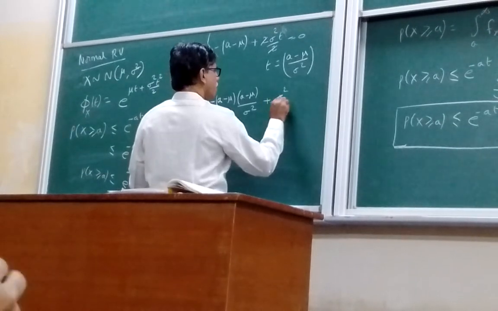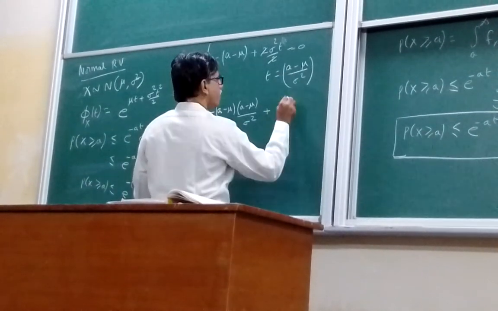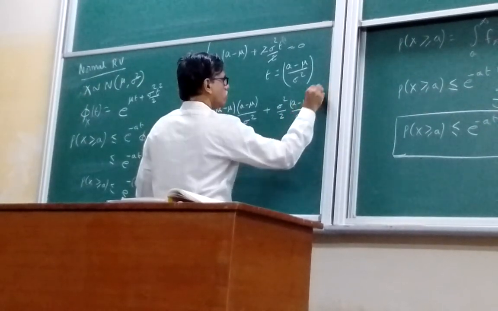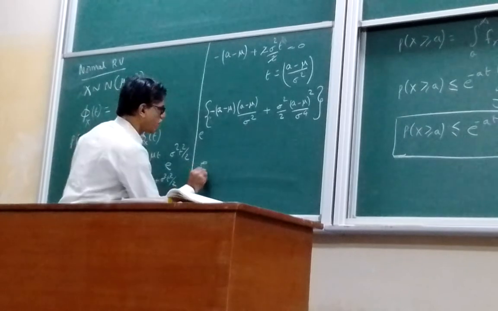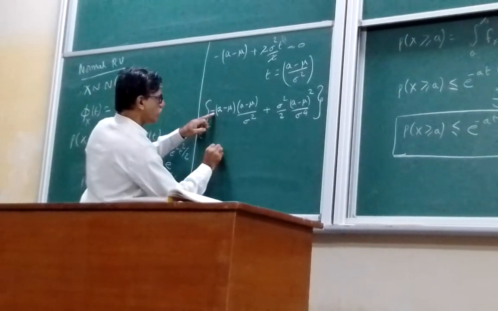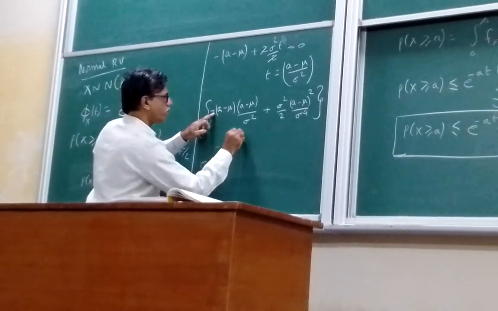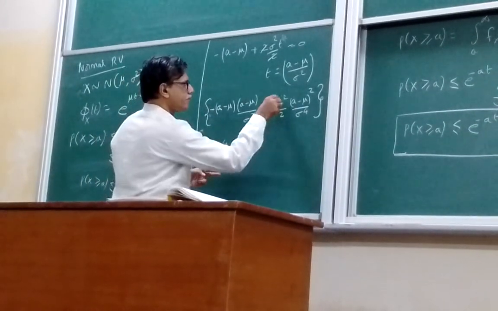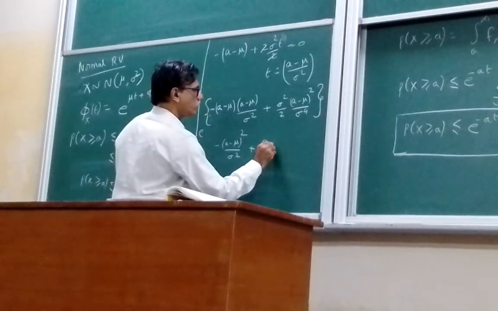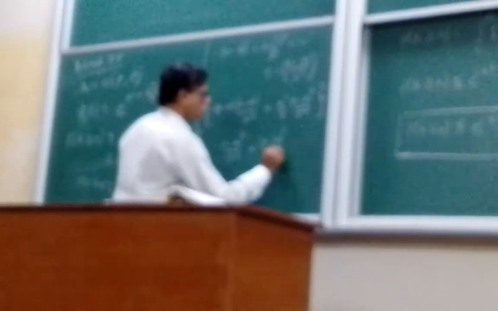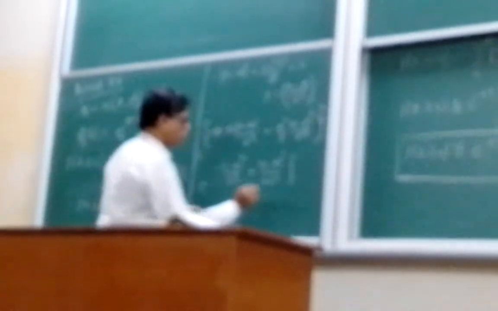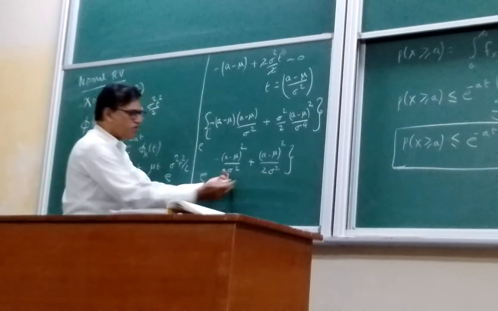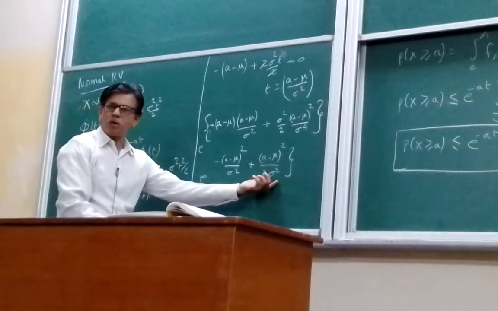Sigma squared by 2 into t squared. This goes away. So this is one half of this. This is negative, this is positive.